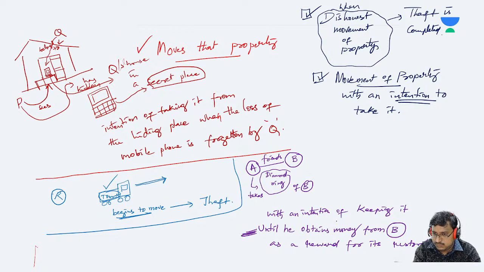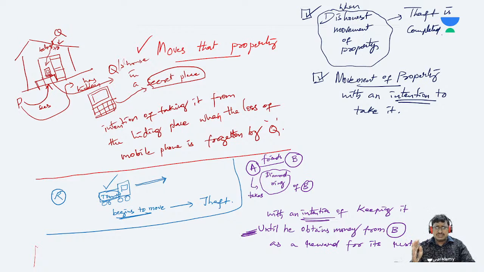Here, the diamond ring belongs to Mr. B only. A and B are friends. Mr. A, on friendly terms with Mr. B, has taken away the ring of Mr. B out of his possession without his consent, with an intention to keep it until he obtains money from Mr. B as a reward for restoration.